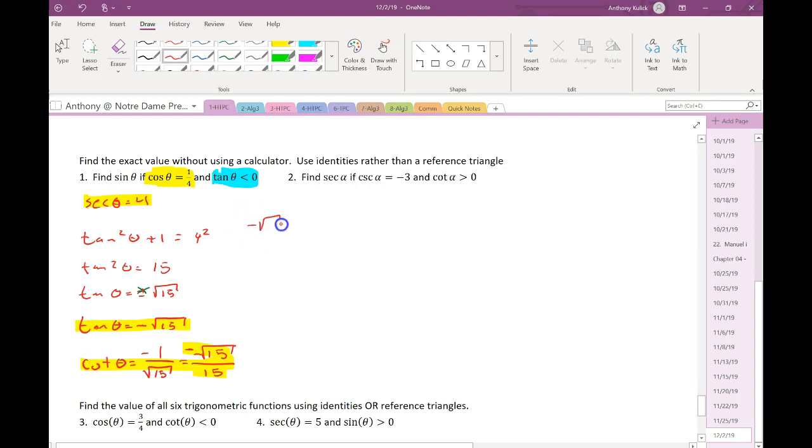So I know tangent is equal to sine over cosine. How about 4 times, or yeah, negative square root 15 over 4. 5 down, 1 to go, but that next one is really easy, right?